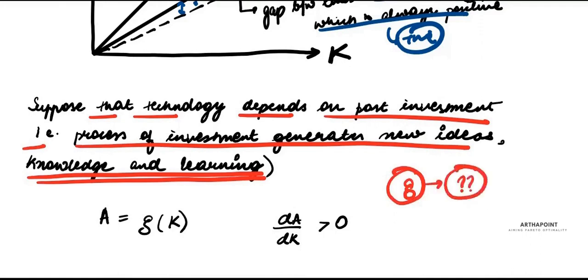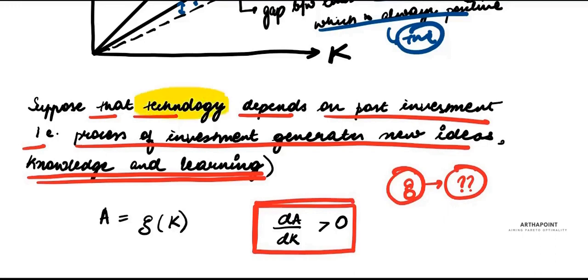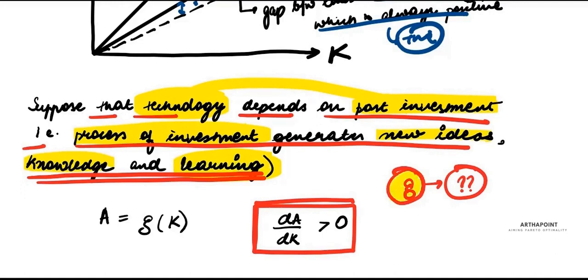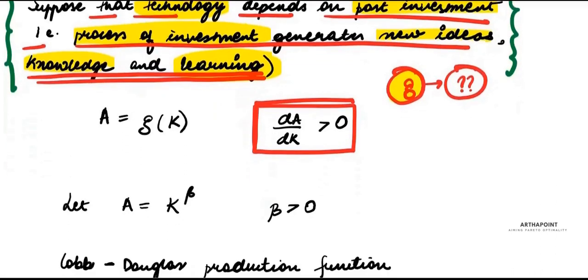We just stated that technology is growing. Unlike that case, here we are clearly defining the reason that technology depends on past investment. Whenever you invest money, it generates new ideas, knowledge, and learning, which means that the technology grows. So the AK model actually gives a reason as to why technology grows in the first place.